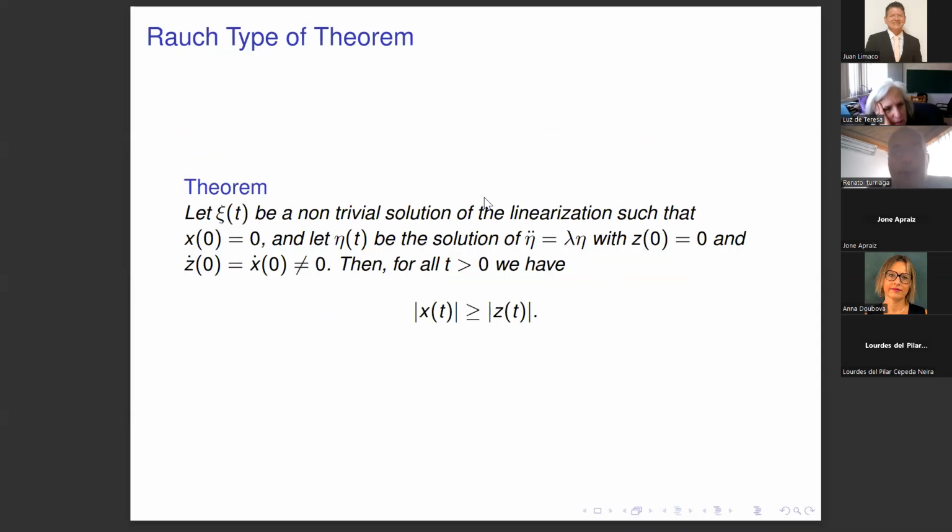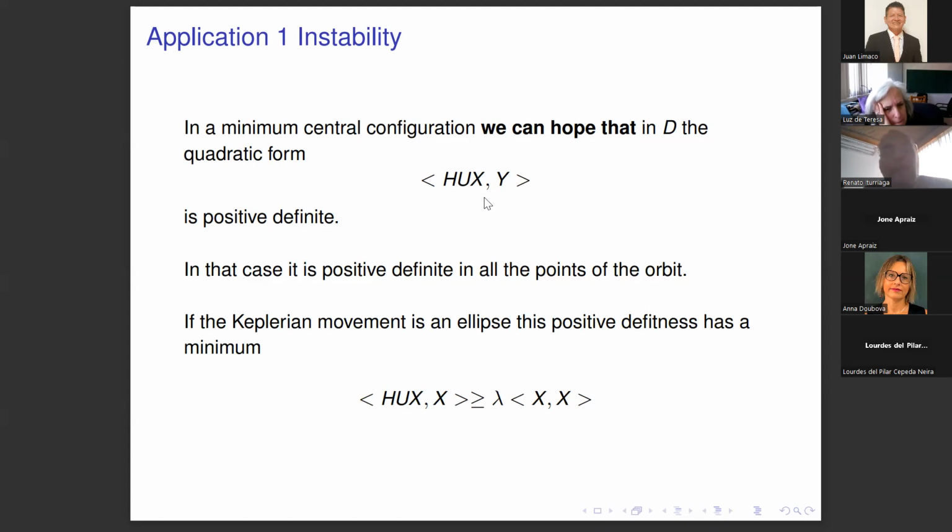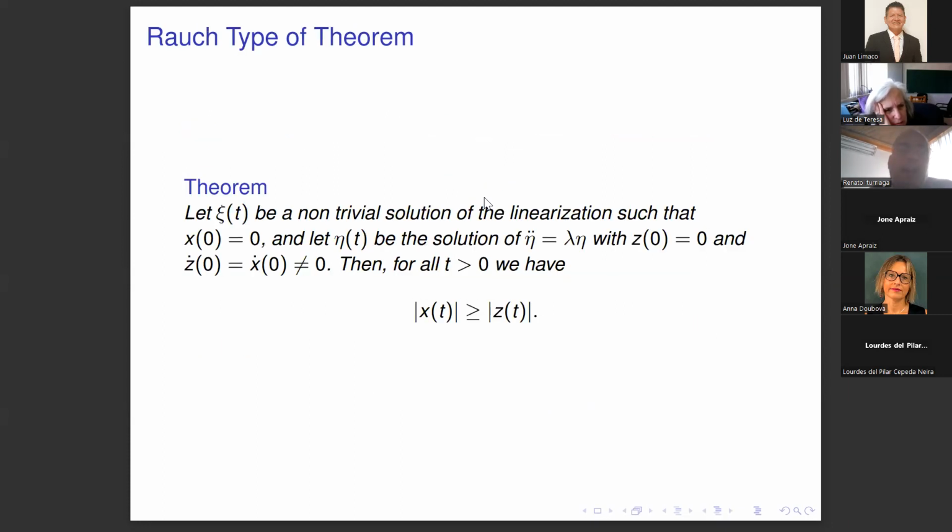Okay, so if we have this, what we prove is a Rauch type of theorem. The Rauch theorem is a theorem from geometry that says that if you have two manifolds with an inequality of the curvatures, then the Jacobi equations will grow faster than the other ones.